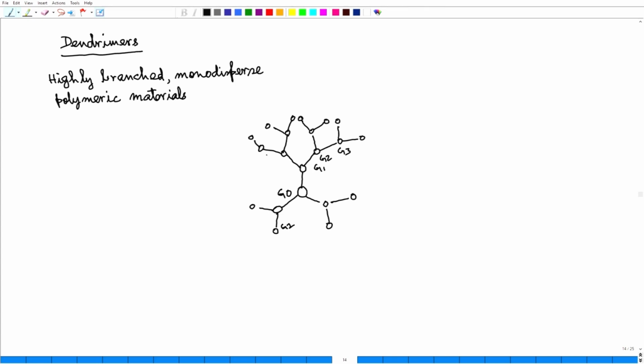At the periphery, we are forced to stop because they are coming closer and closer. Here I have gone up to G4. So, these are the generation numbers: first generation, second generation, third generation, fourth generation, and this is the core. And this is called the inner cell.